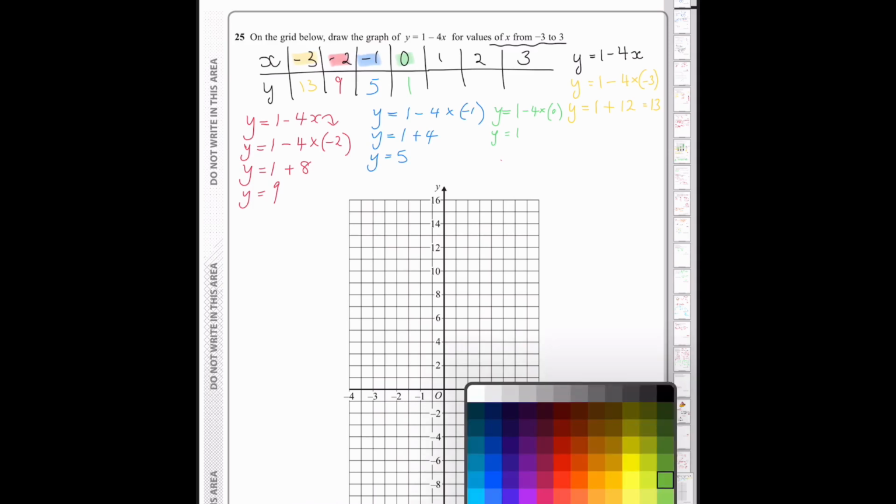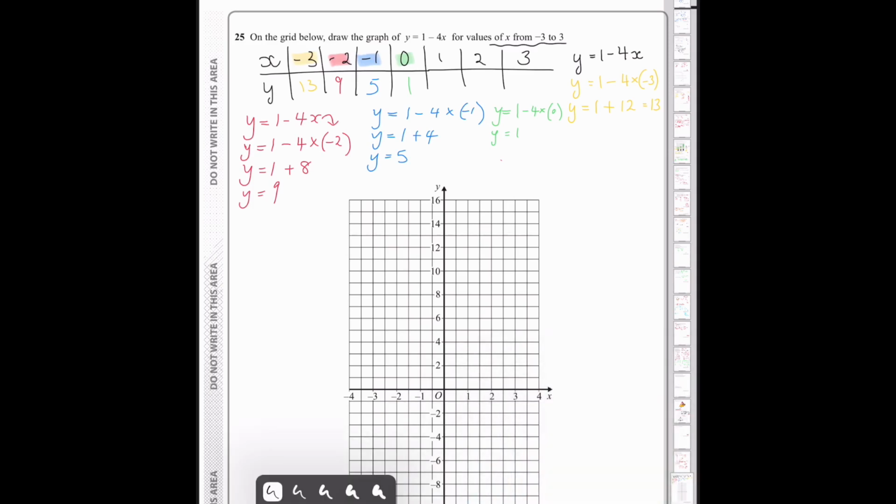Then we are going to have 1 in our equation. So y equals 1 minus 4 times 1. Okay, so we've got the 1, and then minus 4 times 1 is minus 4. So 1 minus 4 is minus 3, so minus 3 would go in there.